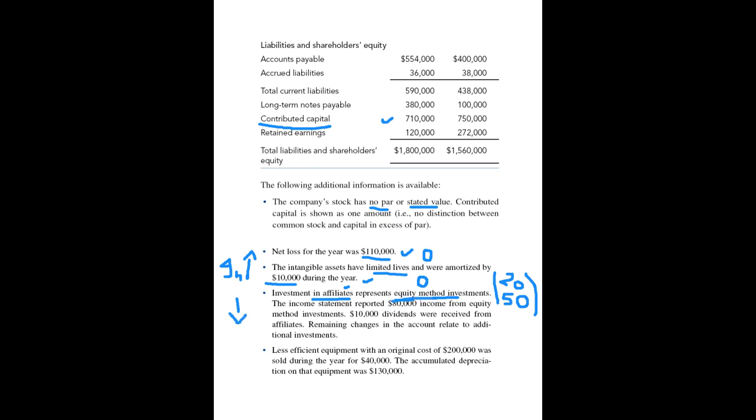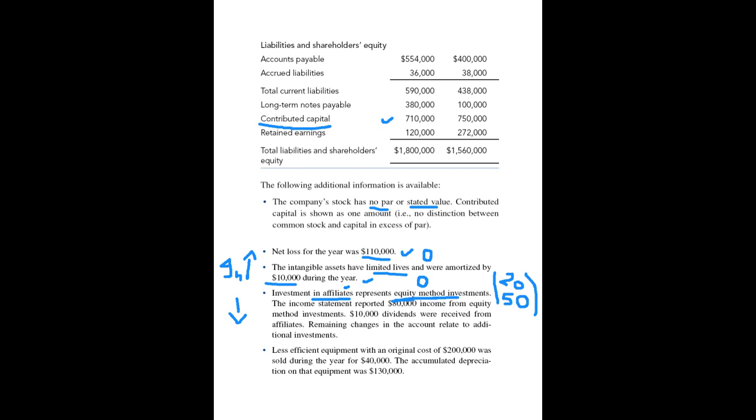I'll repeat again. Under the equity method, whenever the company receives net income, it increases the equity investment account, and whenever the company receives dividends on these equity investments, it decreases the equity investment account. We do not have dividend income under the equity method.